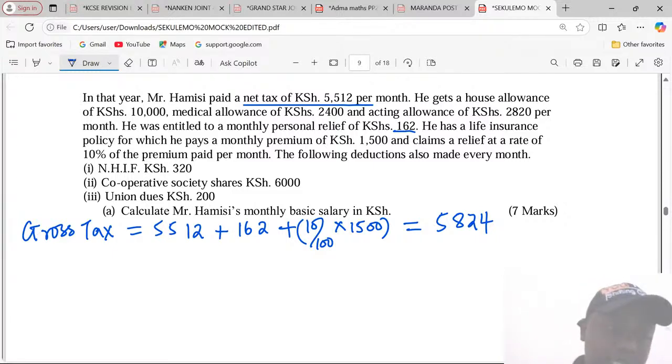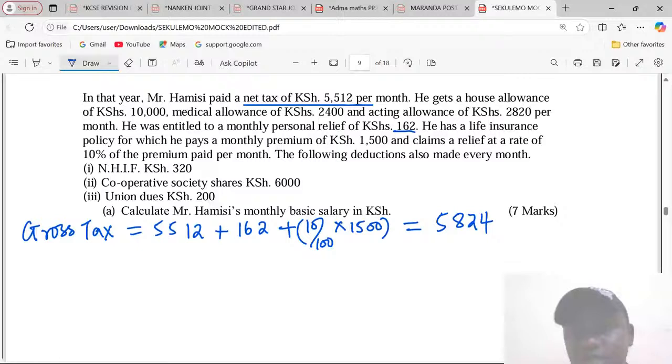At this point, you must understand that we are doing back taxation, whereby on a normal occasion we usually say that we take gross tax and subtract reliefs to get net tax. But now that the net tax is given, we have to add back the reliefs to get the gross tax.